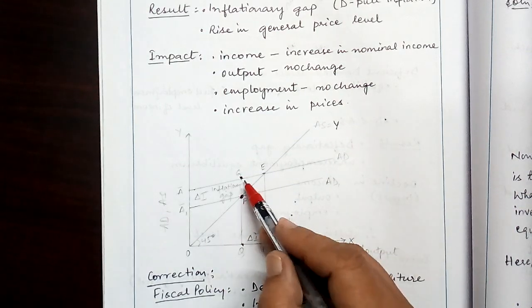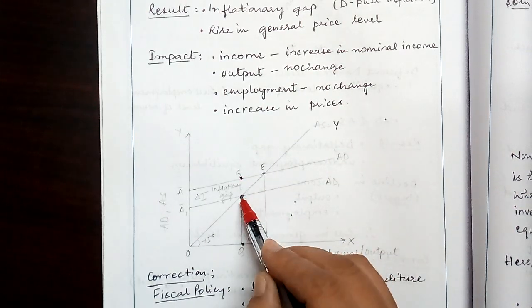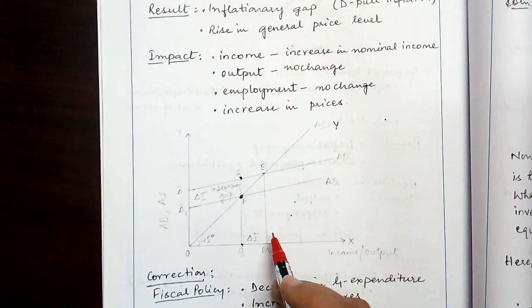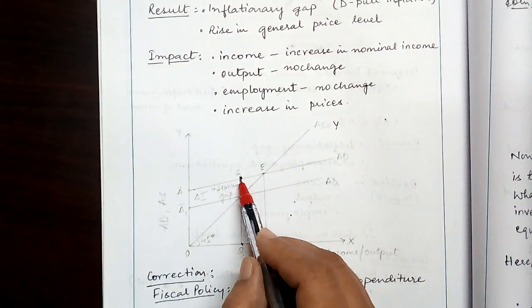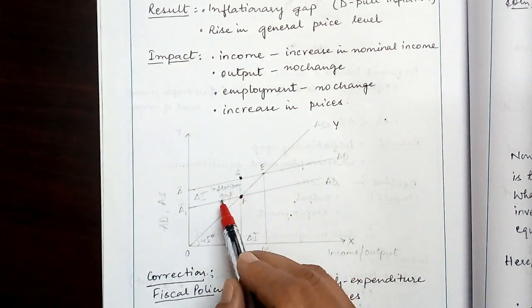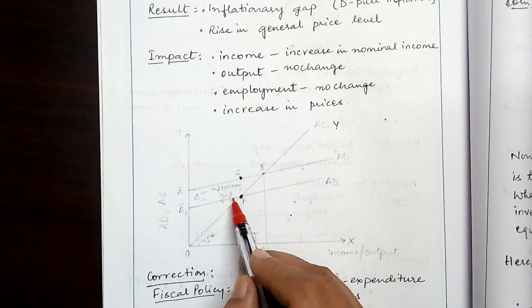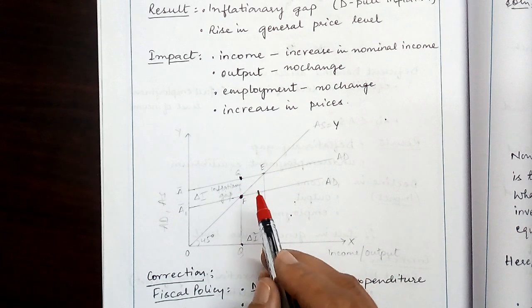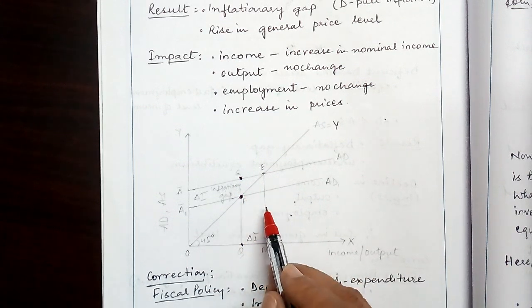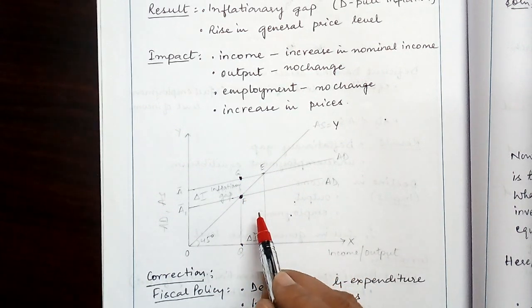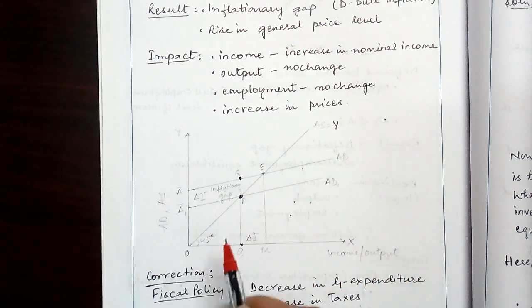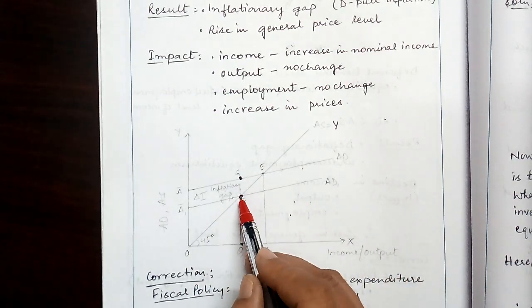So that would move the equilibrium from G to F. And once again, an equilibrium in the economy would be established. Since at this point, what we are calling the inflationary gap, the demand is greater than supply, the general price of the products would increase and would result in what is called inflation. Hence, this is called inflationary gap.